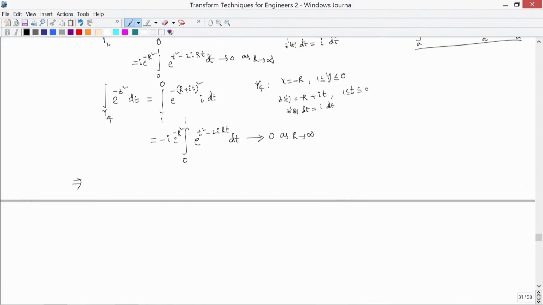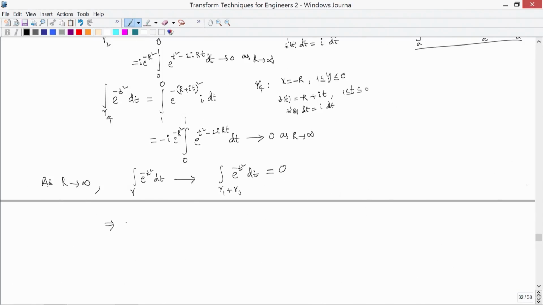So as r goes to infinity, the integral over gamma of e to the power minus z squared dz converges to the integral over gamma 1 plus gamma 3, because the other parts are 0.